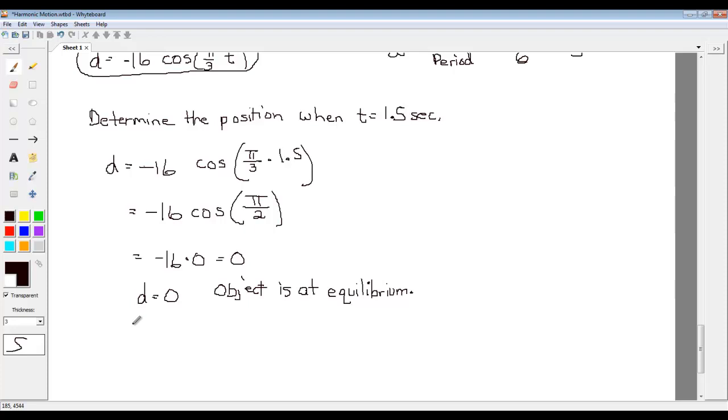Okay? And then finally, what is the frequency here? If you want to define it, frequency is how many cycles are completed in one time unit.